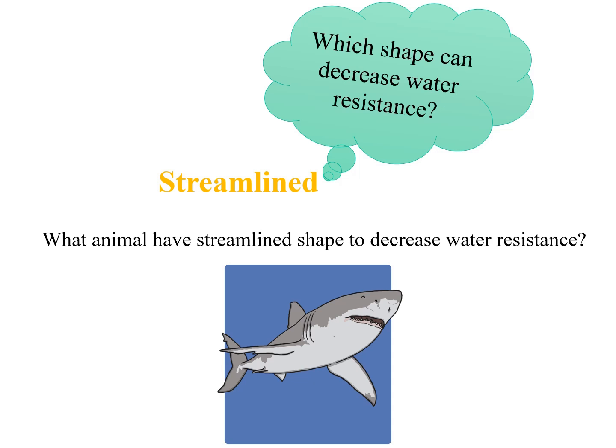See, he has a pointed nose to cut the water. So the streamline shape of this shark can decrease the water resistance. Good. Now you can understand the streamline shape of the fishes in the water.